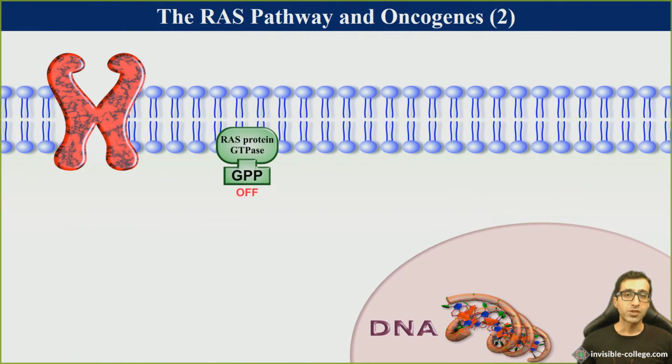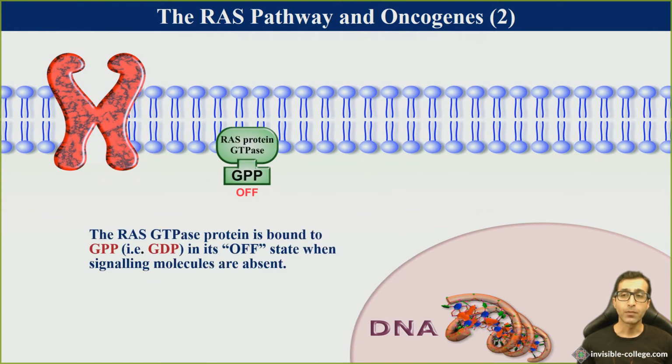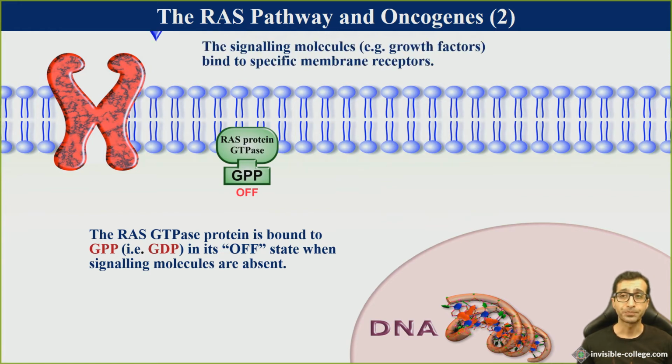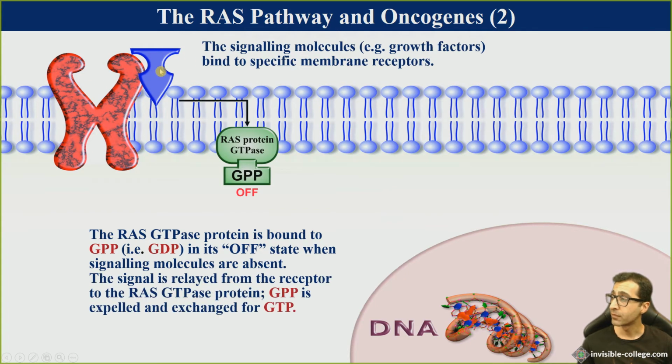So the RAS GTPase protein is bound to GDP in its off state when the signaling molecules are absent. So the signaling molecule or the growth factor will then bind to specific membrane receptors. The signal is then relayed from the receptor to the RAS GTPase protein.